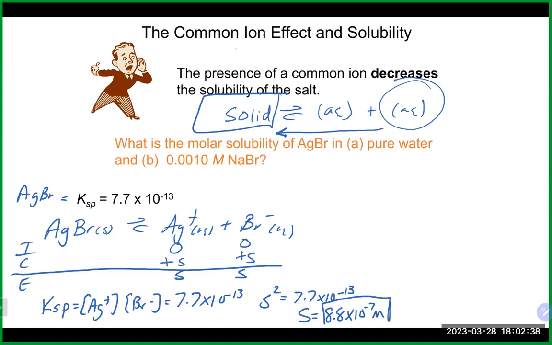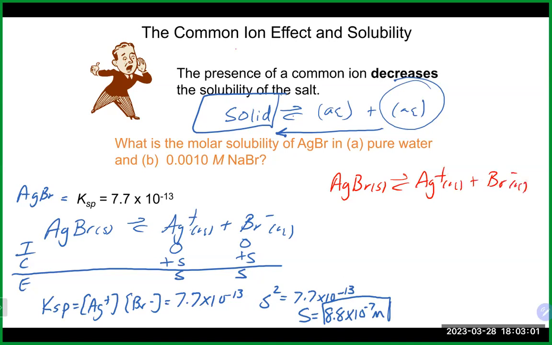So now let's see what happens when we put silver bromide in a solution that also contains sodium bromide. Again, silver bromide gives us our silver ion and our bromide ion.